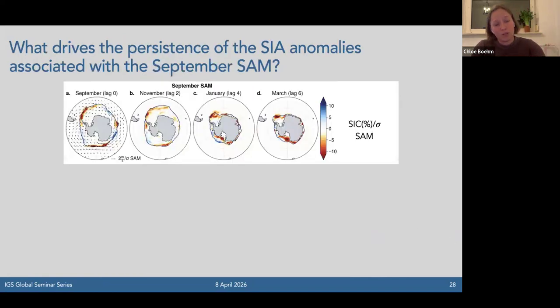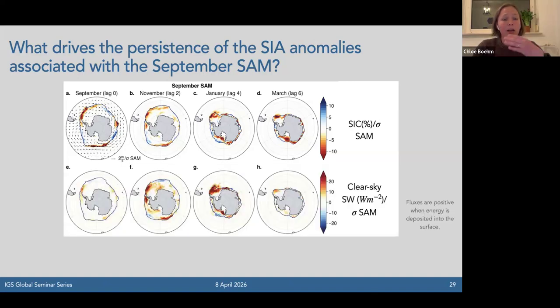This figure here is exactly what we were just looking at before, sea ice regressed onto the September SAM. Now we're going to use it to compare to regressions of clear sky shortwave radiation regressed onto the September SAM. These are the same months on the bottom row, but now we're looking at clear sky shortwave radiation regressed onto the September SAM.